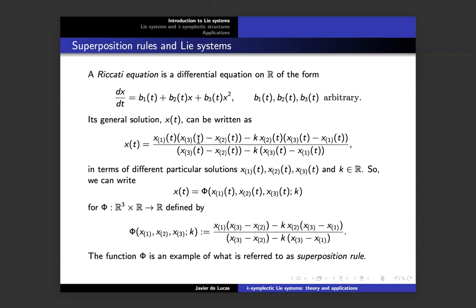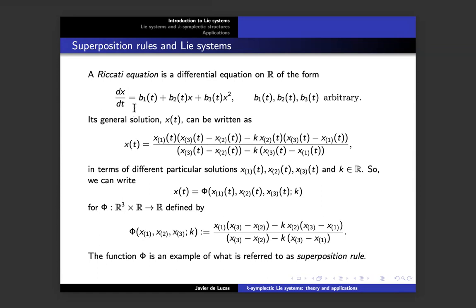If the three particular solutions are the same, this generates nothing, because this will be 0, this will be 0, and so on. But if they are different, and k can be any constant, by changing k from three particular solutions, you will generate different solutions of the Riccati equation.